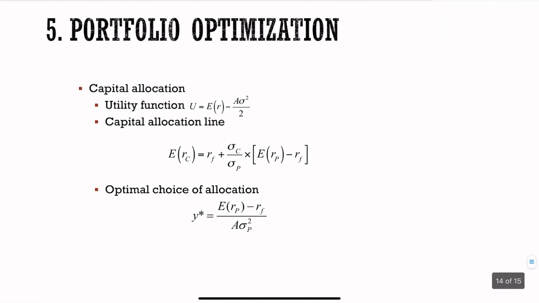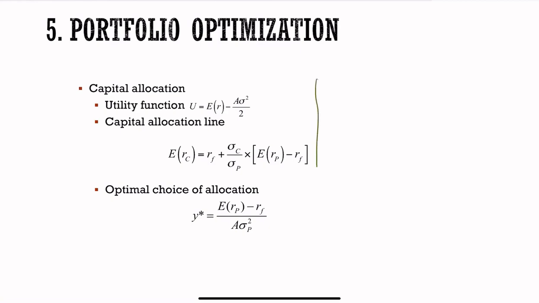And the last chapter is on portfolio optimization. This chapter is actually pretty simple because I did not have enough time to go into more detail. We basically talk about two sections. The first section is about capital allocation. The idea here is very simple.